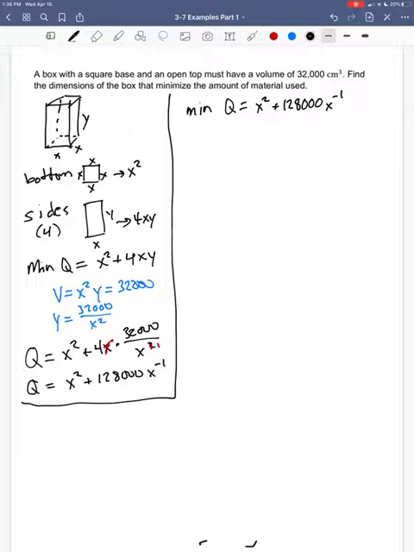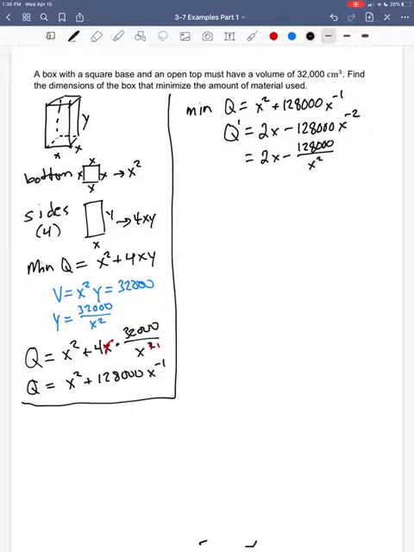And like I said earlier, to minimize a function, I want to find its critical numbers, so I need to take Q prime. I bring the 2 down, I get 2x. I bring the negative down, I subtract 1. Negative 1 minus 1 gives me negative 2. And I can rewrite this a little bit. I can put that negative exponent back in the bottom.